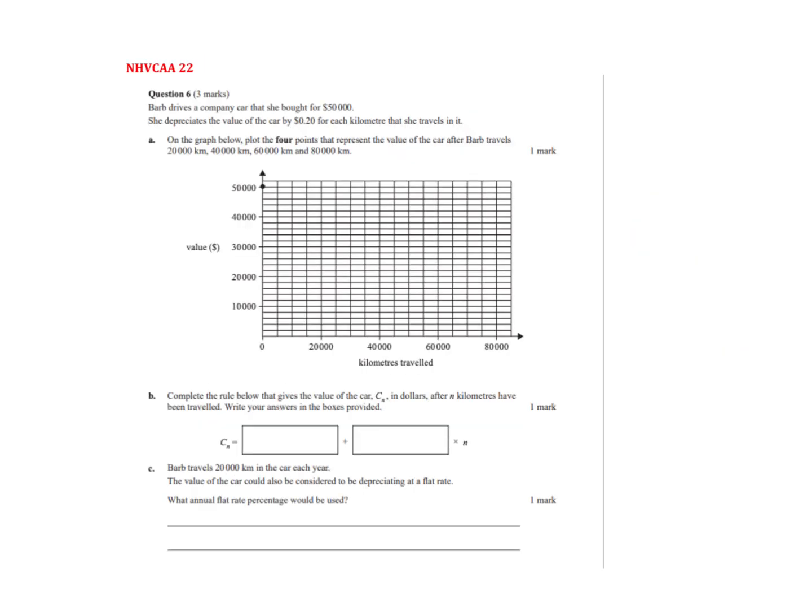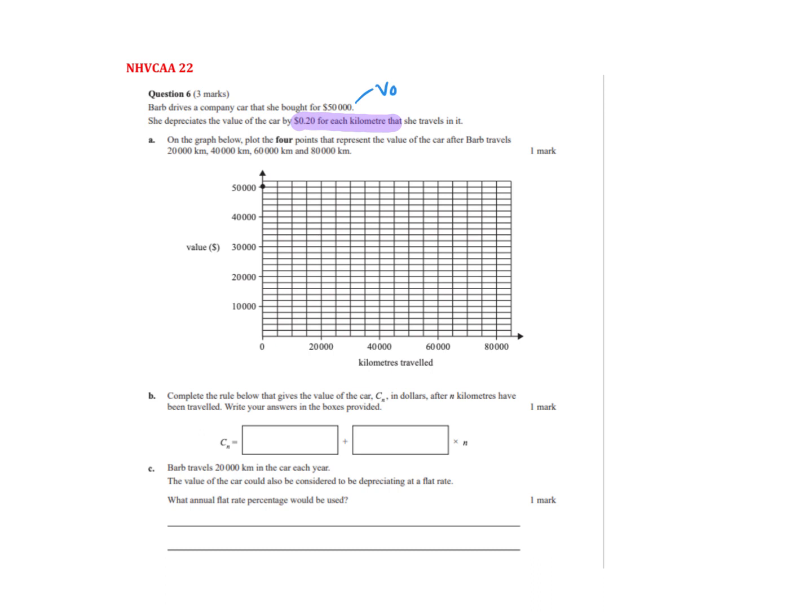Okay, so Barb drives a company car she bought for $50,000. So there's a V0. She depreciates the value of the car for 20 cents per kilometre it travels. On the graph, you had to plot the 4 points.